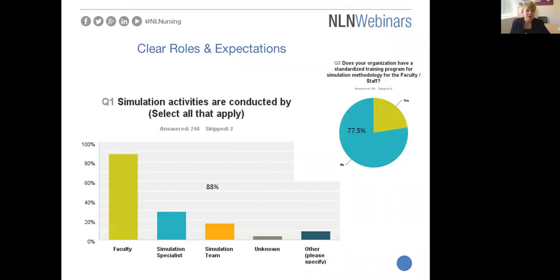One of the areas that I think is important to understand is that when we're running simulation, one of the standards will say that those who are facilitating a sim really need to be the best at understanding the pedagogy of simulation, as well as the debriefing that goes with that. They don't necessarily need to be the content expert of the content that's being run in the sim. However, I qualify that with, then bring in a content expert who can help you as you assess learning outcomes and as you debrief.